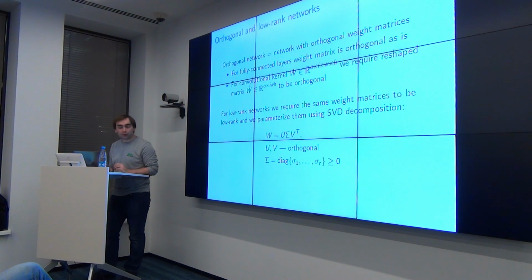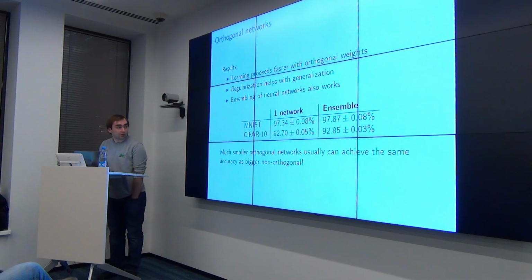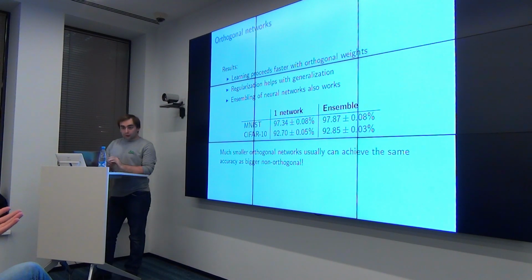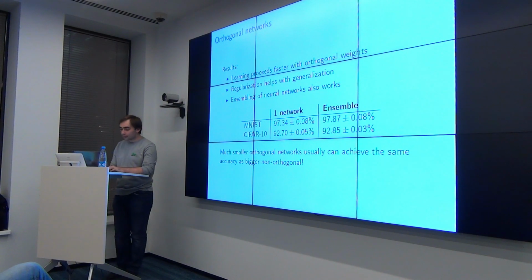In this table there was an ensemble and a one network column. Yes, one network is the result of this Riemannian optimization. So this is some analog of a MAP estimate versus ensembling. Good.